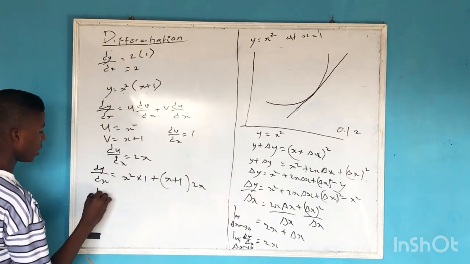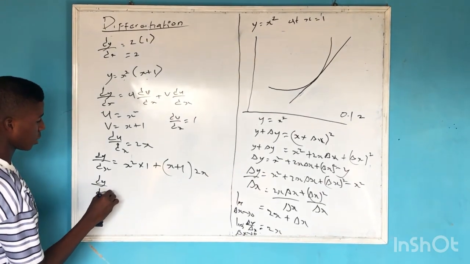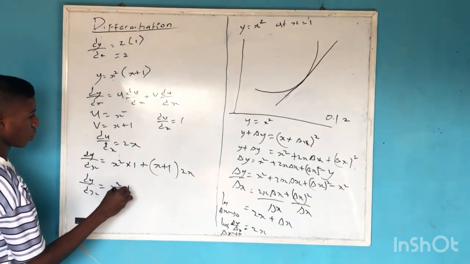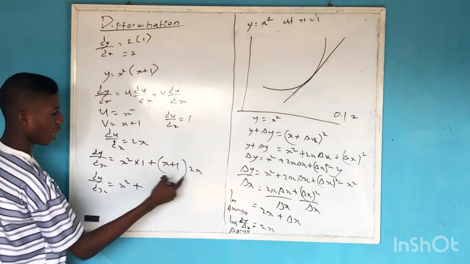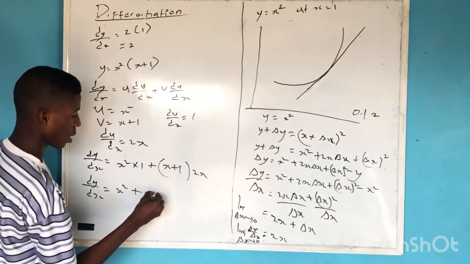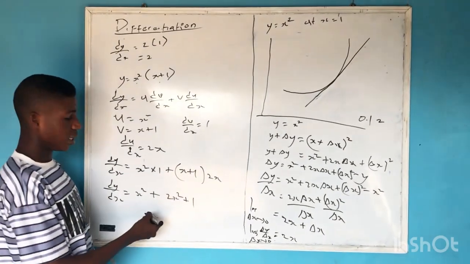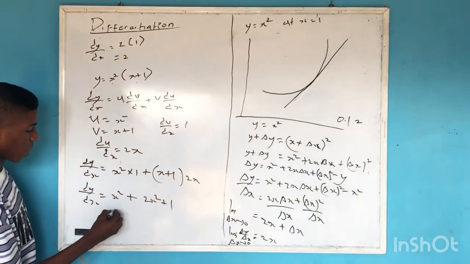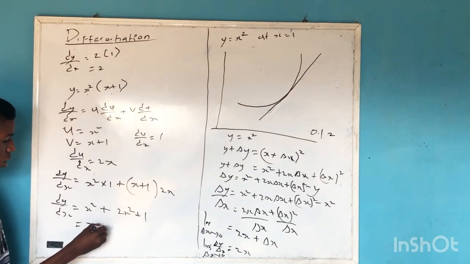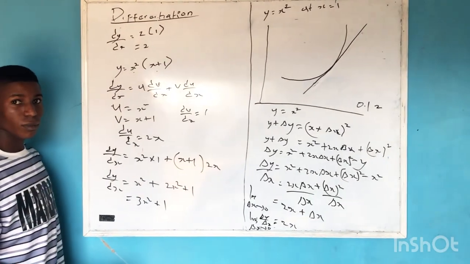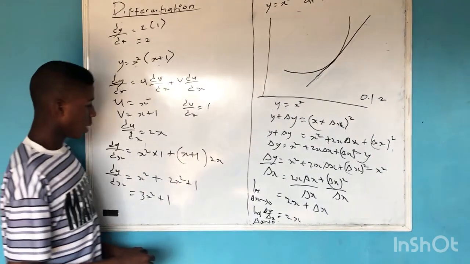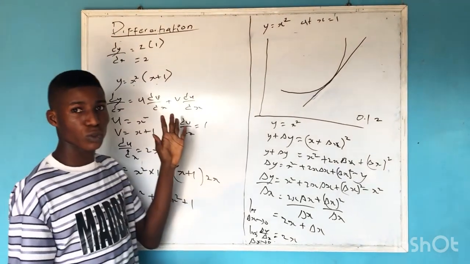So then my dy dx will be x squared plus, let me expand this, 2x squared plus 1. Since this and this are like terms, I have 3x squared plus 1. So this is called the product rule.